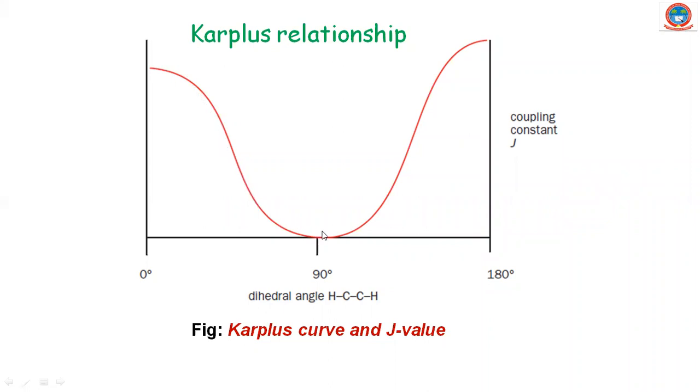After 90, the opposite happens: as the angle increases, the J value also increases, and at 180 you will find the highest value of J. We saw this in the last slide, right? This is the lowest and this is the highest. So at a 180 angle the maximum J value is shown by the molecule. This is the Karplus curve and the J value.